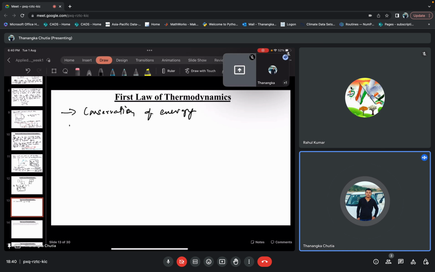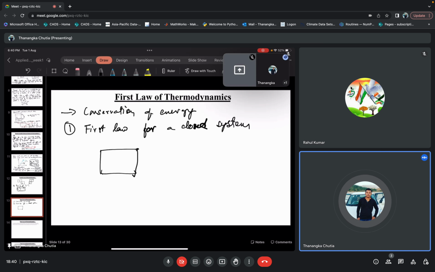So we will first write down the first law for a closed system. Now suppose this is my system and this is my closed system. Whatever mass is there cannot go outside and there will be no mass interaction. This is my system, so there will be only energy interaction between the system and the surrounding.